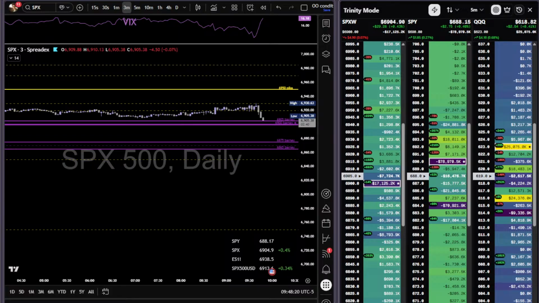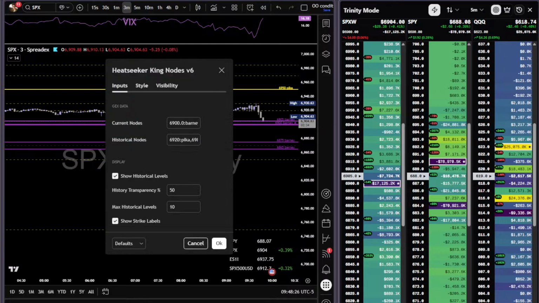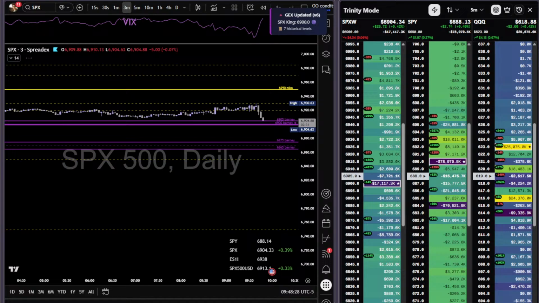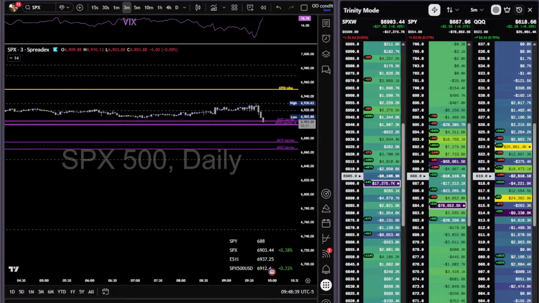Alright, let's see what we're going to do here, if we're going to bounce or not. Looks like we're drilling through. 6903.